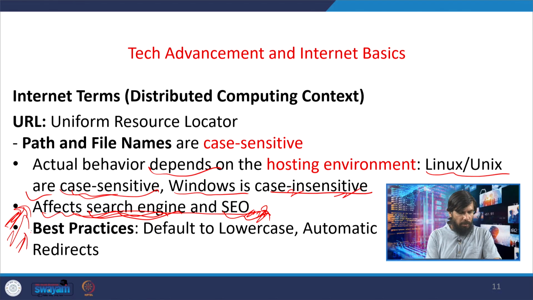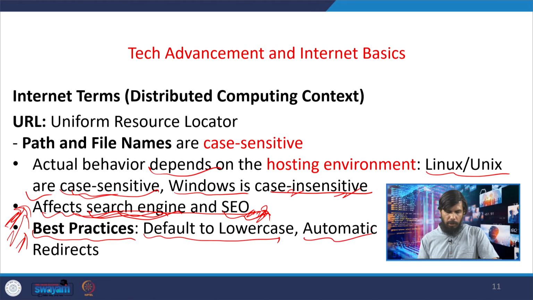Then what are the best practices that firms have adopted? Some of this discussion that we just did is actually resolved through best practices. What most organizations do is default to lowercase, and they also take advantage of automatic redirect.